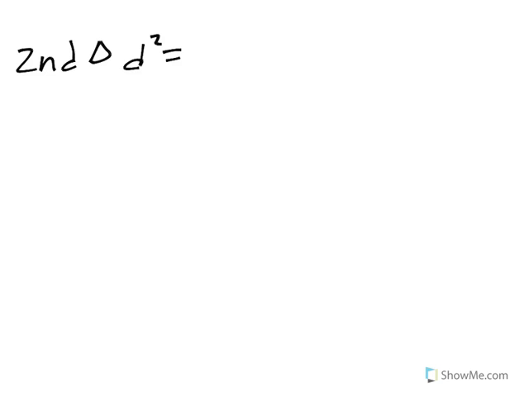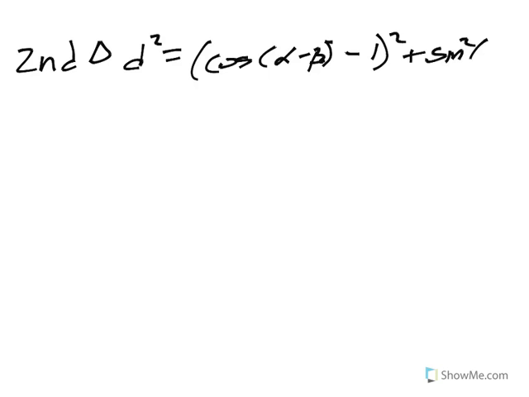For that second triangle, the square of the distance is going to be cosine of alpha minus beta, minus 1, quantity squared, and then just plus sine squared of alpha minus beta. So let's simplify that. Once again, I've got a binomial squared.